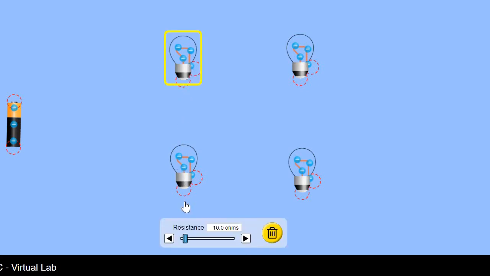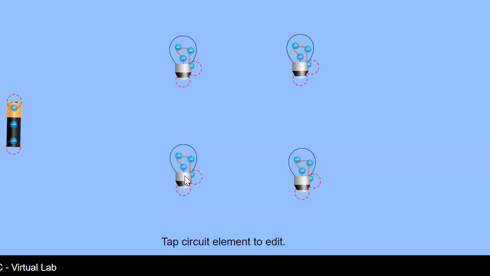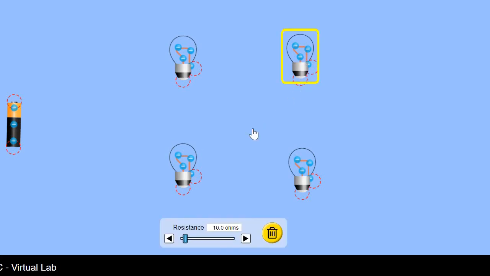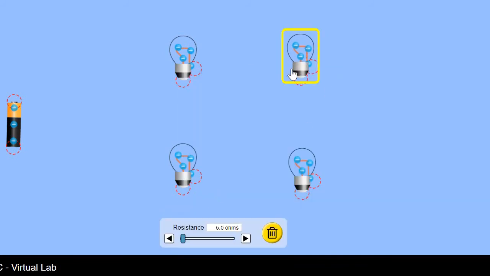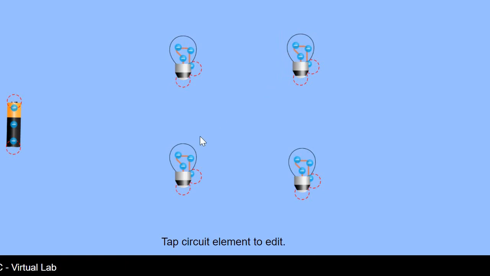Let me make it 10 ohm, 10 ohm, 5 ohm, 5 ohm. So these two are R and these two are 2R.